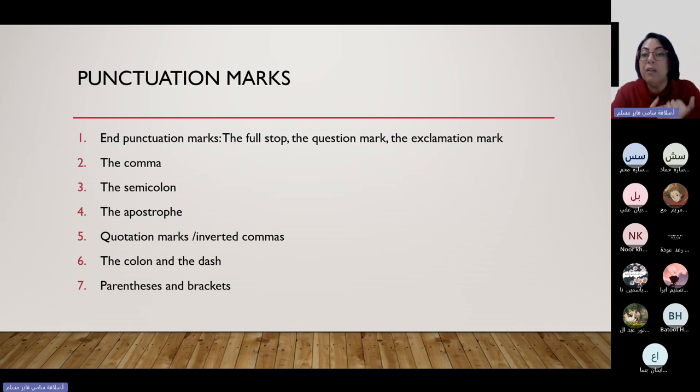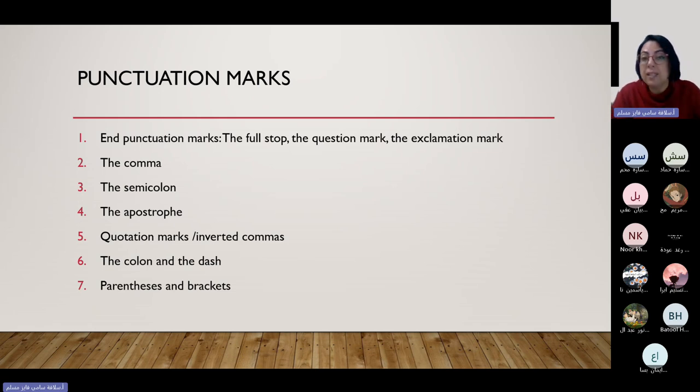That's why if we are translating from English to Arabic, we don't have to care much about all these things. But if we're translating from Arabic to English, here we need to know these rules in order to write properly in English, okay? Because translation is writing.